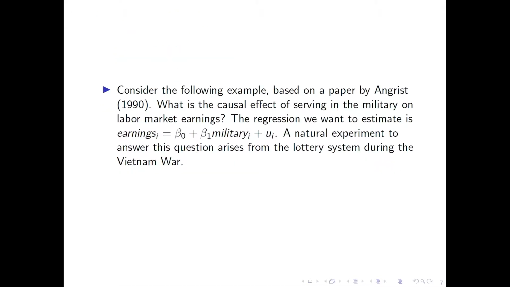To shed some light on this, we can consider the following example. It's based on Angrist 1990, and he wanted to investigate the effect that serving in the military had on earnings. So the military variable is a binary variable, which is 0 if individual i did not participate in the military, and 1 if person i actually went into the military.